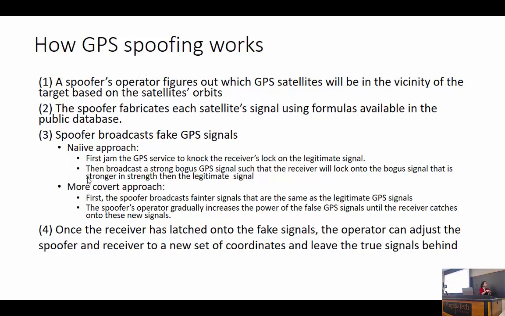And once the receiver has latched onto the fake signals, whether in the naive approach or the more covert approach, the operator can adjust the spoofer to basically let the receiver compute new coordinates and leave the true signal behind, because it's already locked onto the fake signal. So that's how GPS spoofing works.